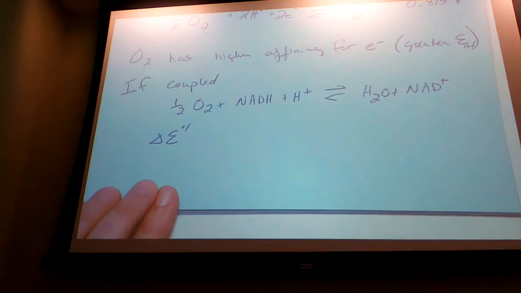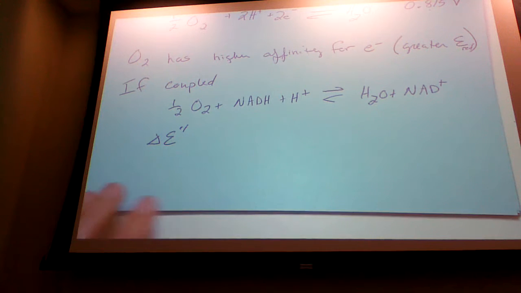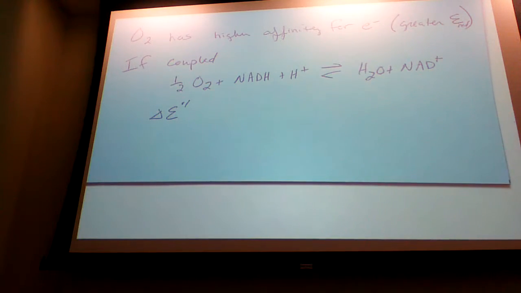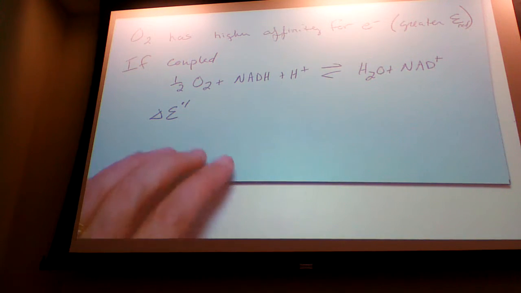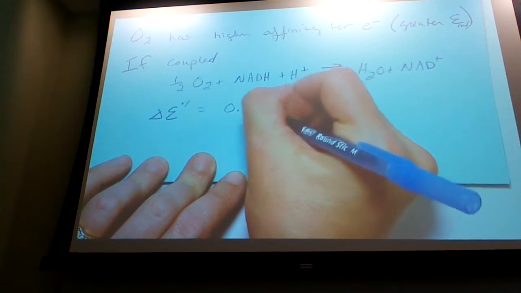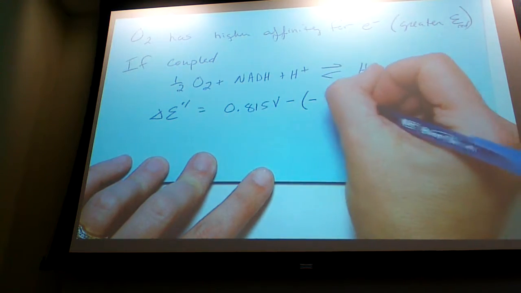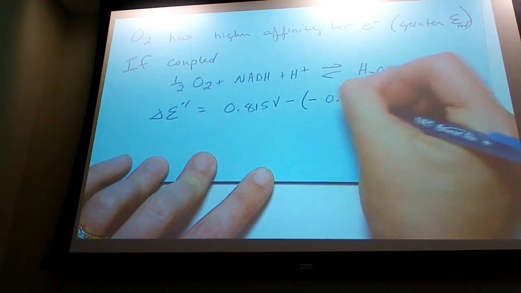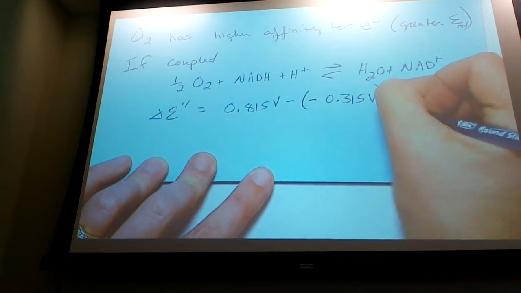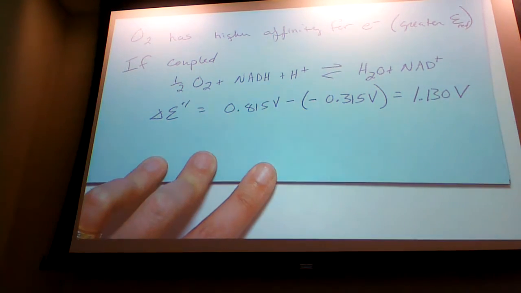My change in the standard reduction potential is going to be the difference between the half reactions, where you flip the one that is oxidation and then add them, and that's fine. So this is going to be 0.815 volts minus a negative 0.315 volts, and that should be equal to 1.130 volts.